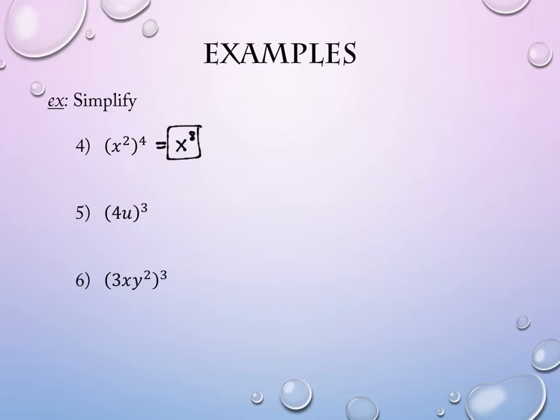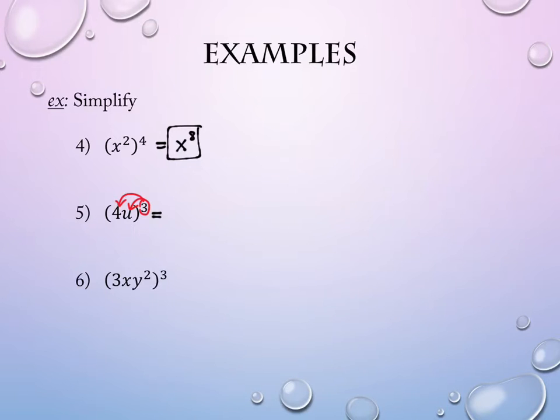Now number 5 begins to look like things that we were seeing in the last section where we have powers with parentheses, right? Y'all saw some of that, asked some questions about that even at the beginning today. So this is a little bit messy. We need to make sure that we are in fact using that property, that we can anyway, use that property where it distributes like this, because the 3 as the exponent applies to both of the pieces inside.